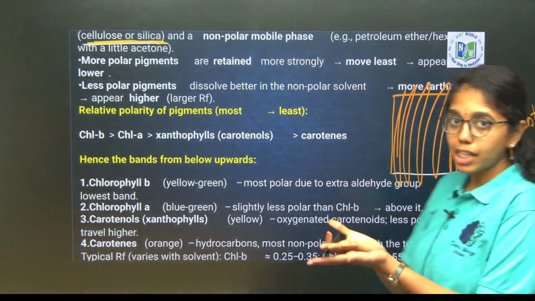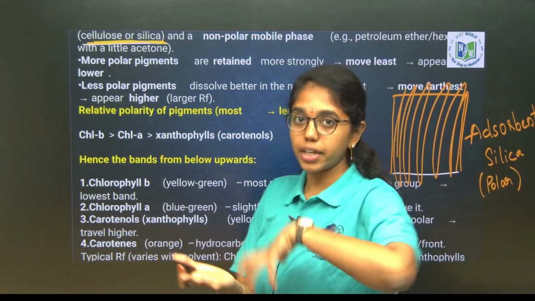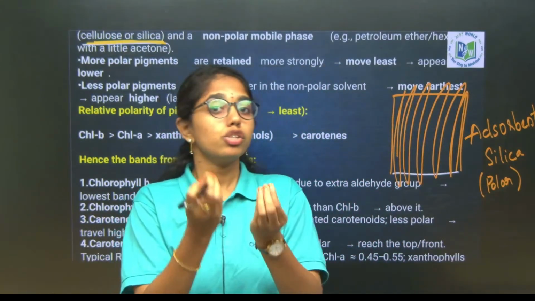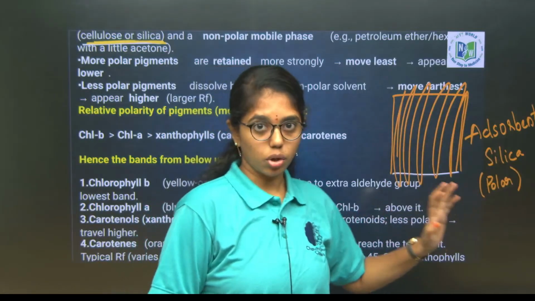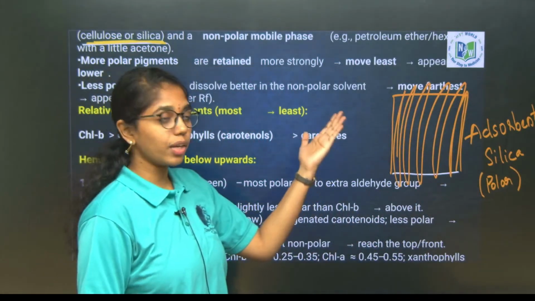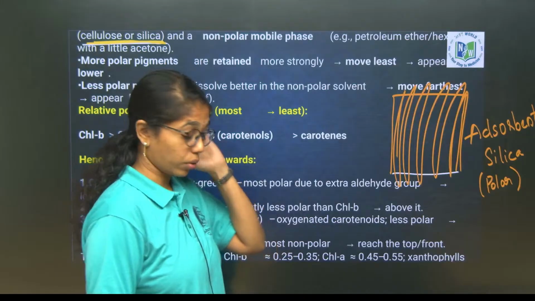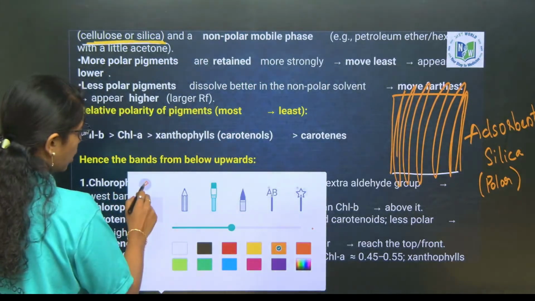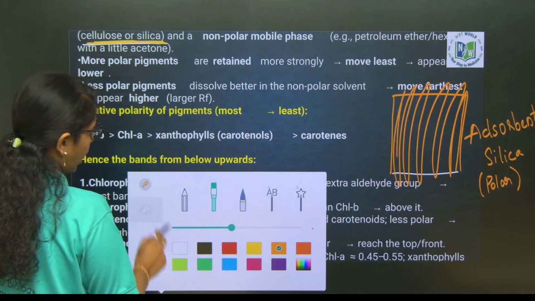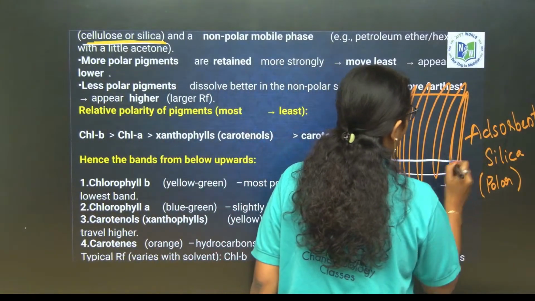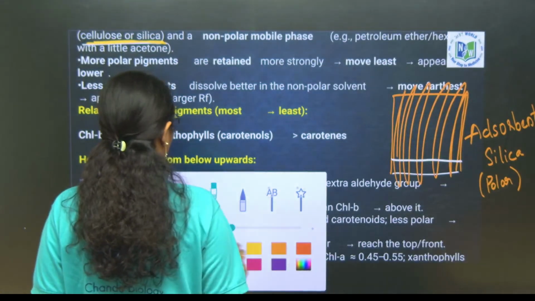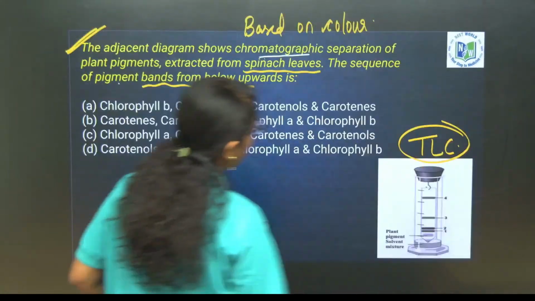And then this glass plate or plastic plate which is coated with silica is kept in the oven so that the moisture from this adsorbent will be lost. It will lose the moisture and the plate will be ready for thin layer chromatography. Then after taking it out from the oven, we need to mark a point over here and take all the pigments which are given in the question.